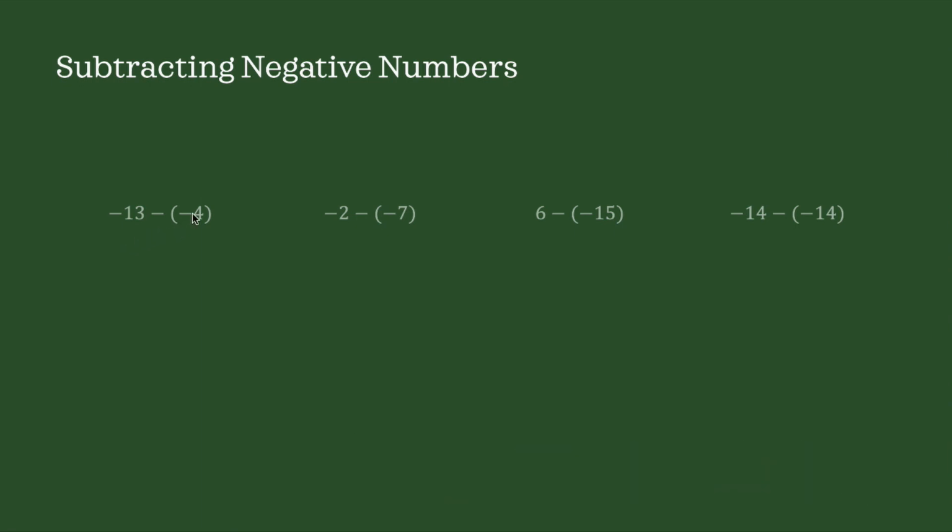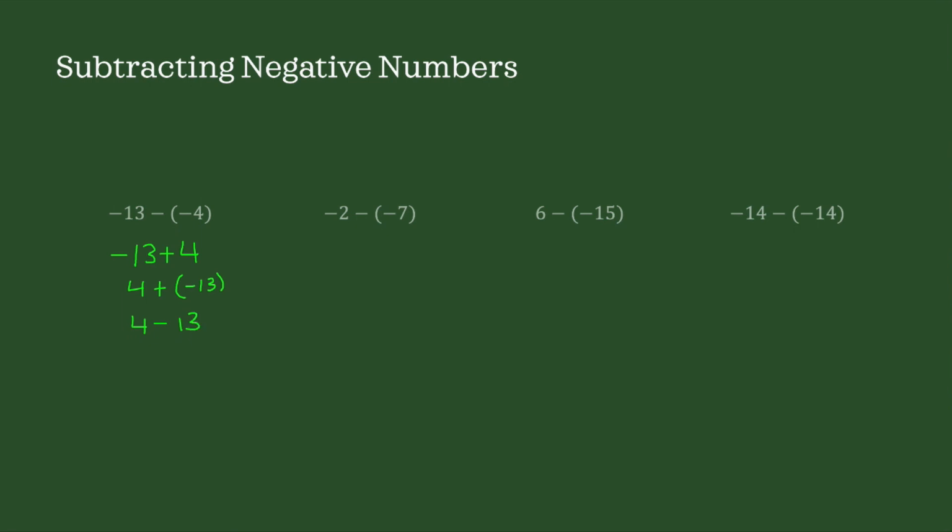So we join the two negative signs together, or the minus sign and the negative sign. You can see that they're the same thing, they look the same, so they are the same thing. So this is the same thing as negative 13 plus 4. And if we reverse this, this is going to be 4 plus negative 13, which is the same as 4 minus 13, and that's problematic.